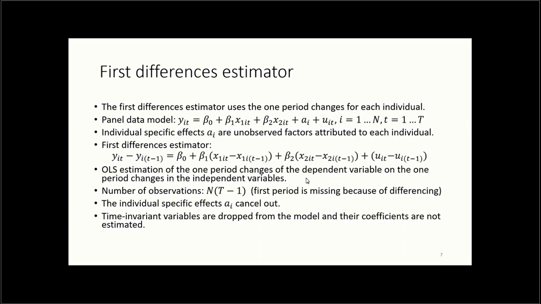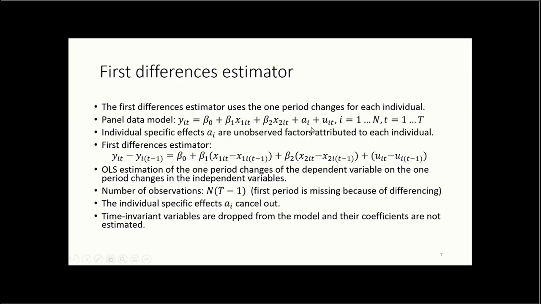Then we have the first differences estimator. This estimator would use the one period changes for each individual. So let's start with the panel data model that we have here. Notice that I have introduced here a_i. a_i would be individual specific effects that are unobserved factors attributed to each individual.